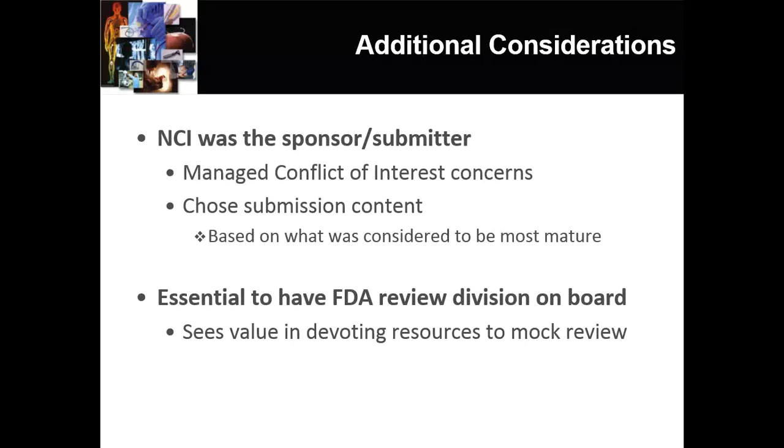Because, of course, FDA reviewers are very busy doing their real reviews of real devices, and if we're going to devote resources to a mock review, it's important that we see it is an effort that will have value for the agency and the community longer term, in terms of helping us all to get to a place where we can anticipate good quality submissions, based on the fact that we've communicated what our needs are, and that down the road it moves the field forward in terms of communicating, and encouraging submissions in areas that we think are right.